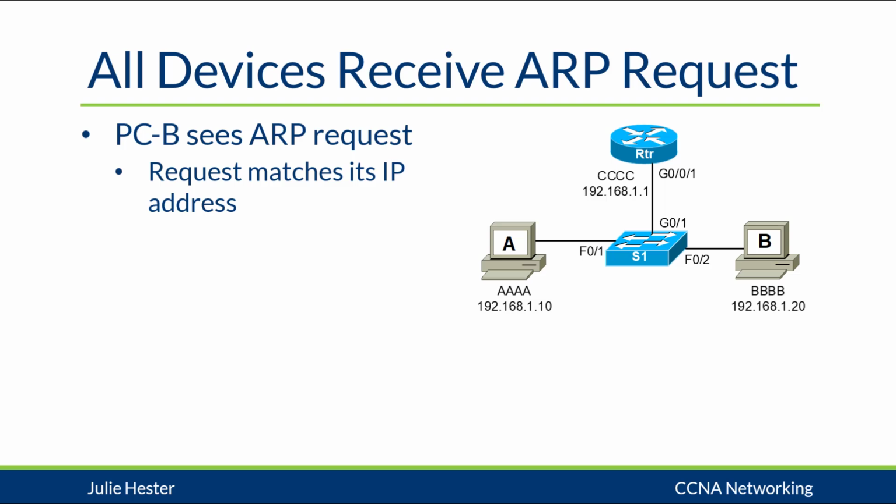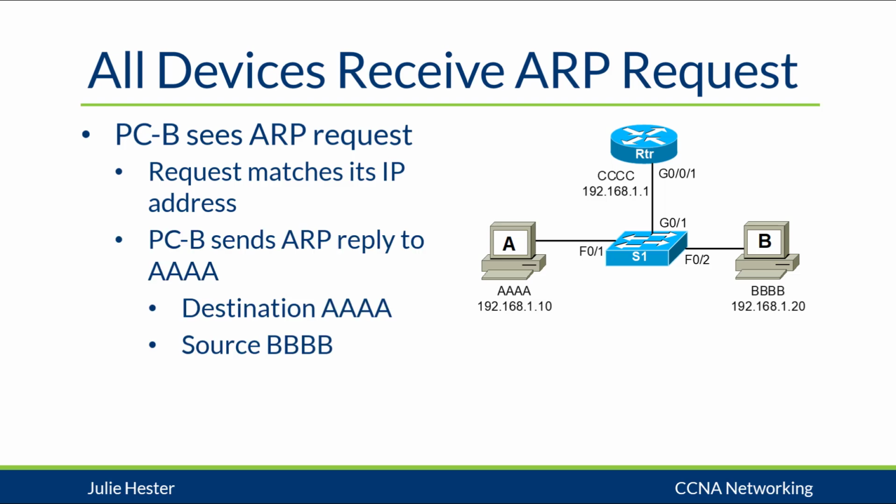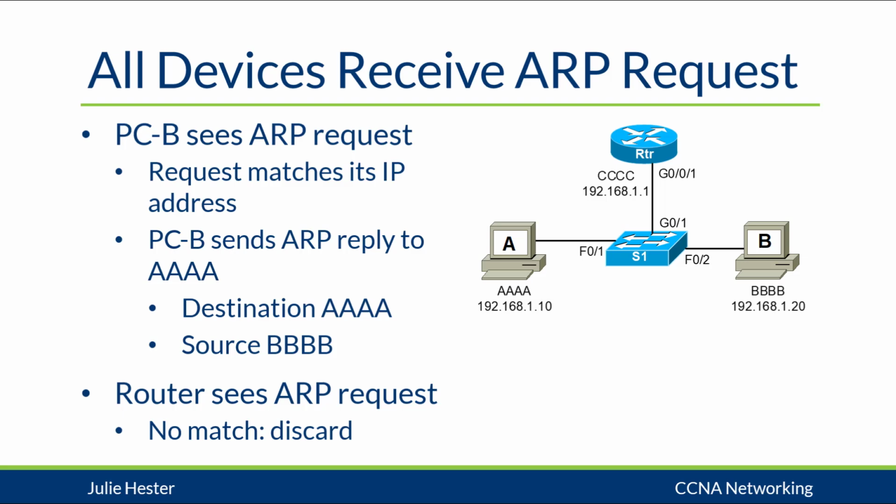PCB sees the ARP request and looks at the IP address. It notices that it matches. PCB sends an ARP reply to PCA's MAC address, AAAA. It uses its own MAC address, BBBB, as the source MAC address in the frame. It forwards the reply to the switch. The router also sees the ARP request.